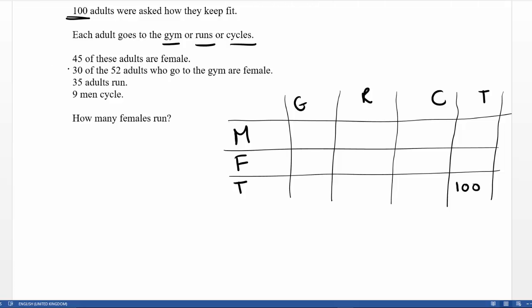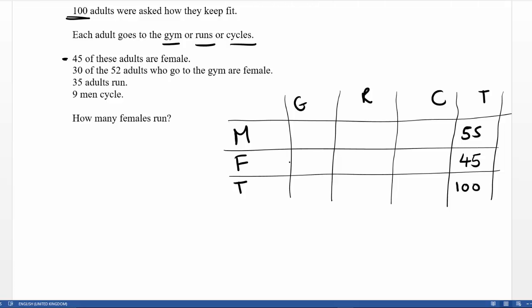Now let's look at this information here. The first one says 45 of these adults are female. So we know the total amount of adults that are female is 45, and that's going to go in this row here. So obviously 55 of the total are men, that's going to add up to 100, right?